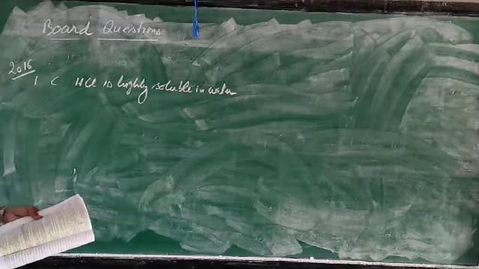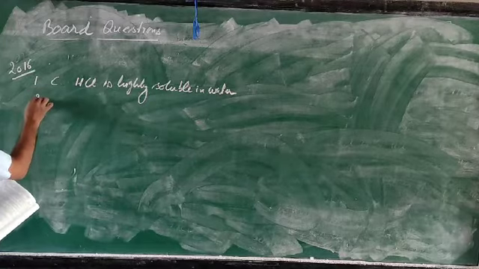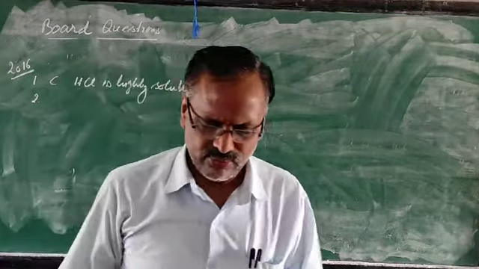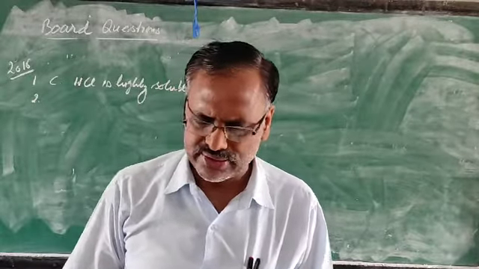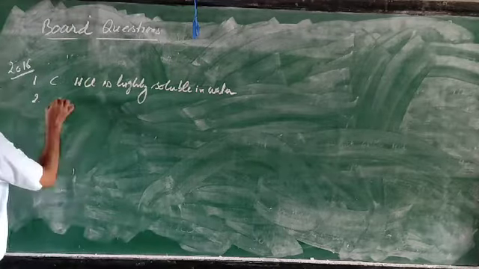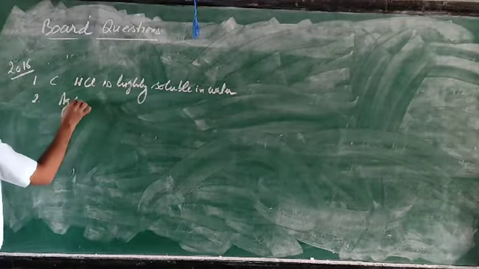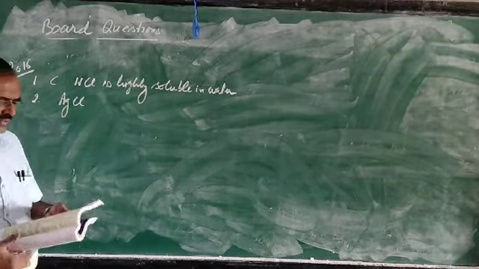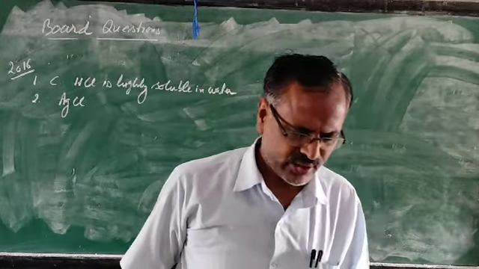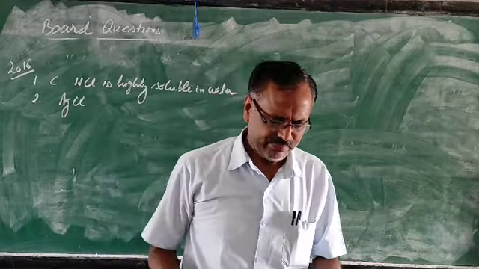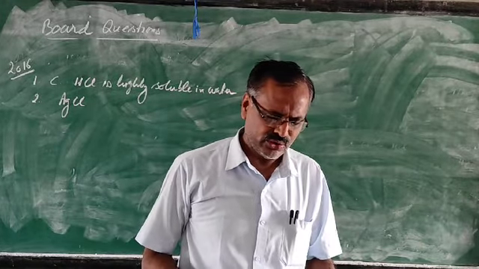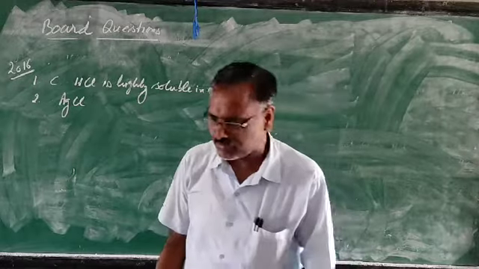Then 2016, second one, fill in the blanks. A white precipitate soluble in excess ammonium hydroxide. So this is AgCl. AgCl is the white precipitate soluble in excess ammonium hydroxide. Then the third one: write a balanced equation for the action of hydrochloric acid on sodium bicarbonate.